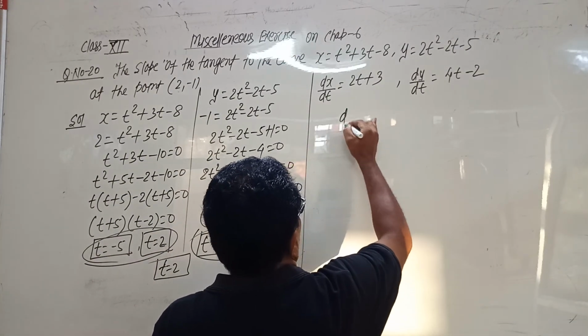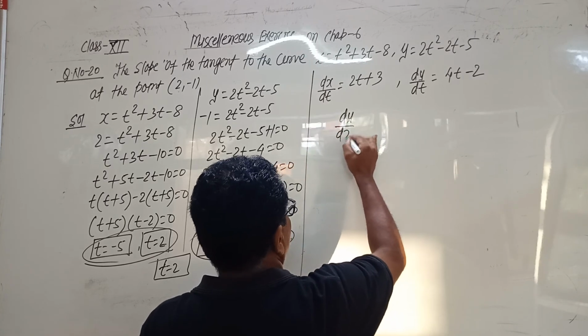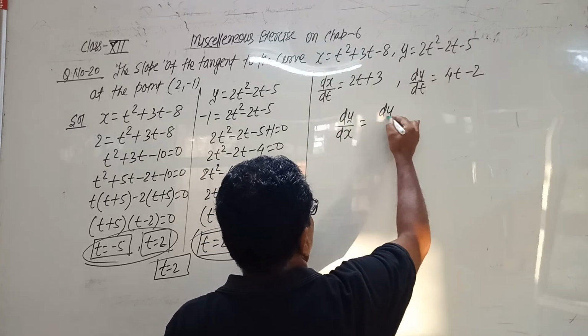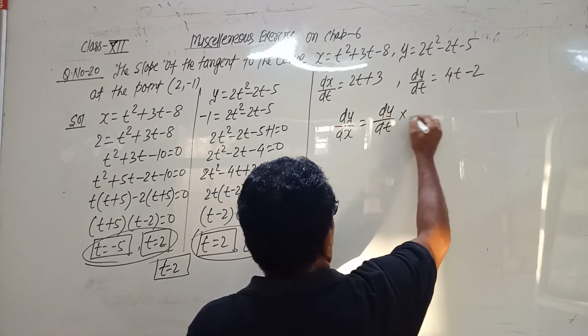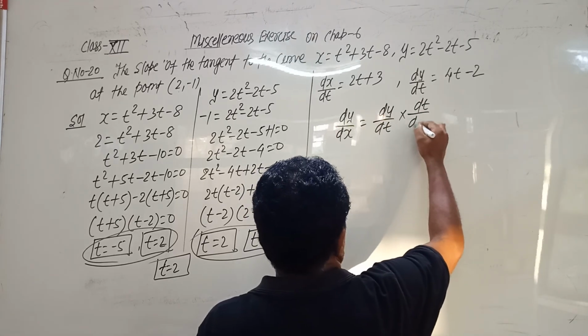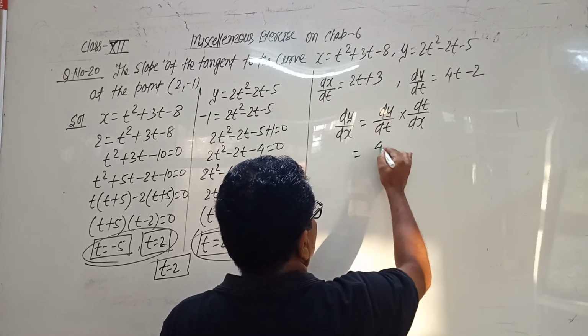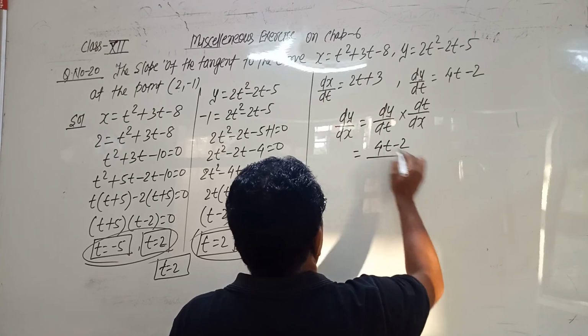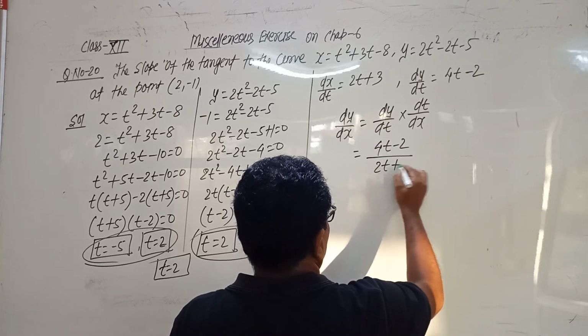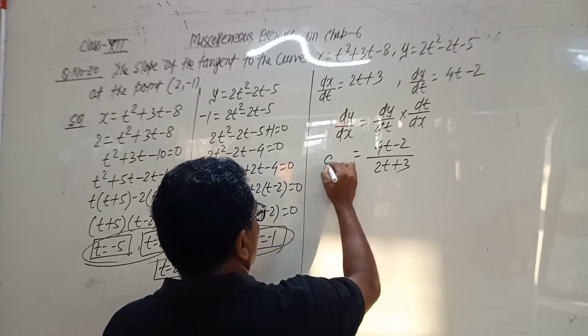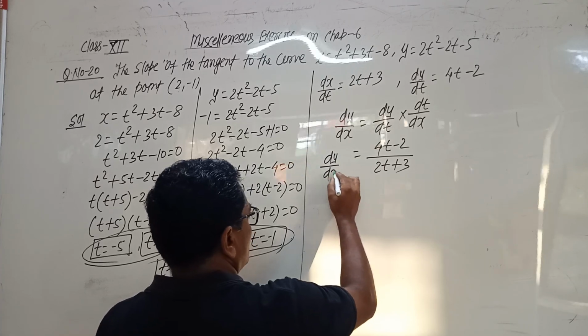Then we calculate dy by dx, which is dy by dt into dt by dx. So dy by dx is 4t minus 2 upon 2t plus 3. This is the expression for slope.